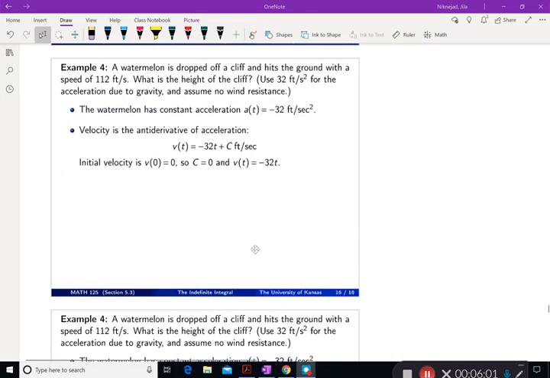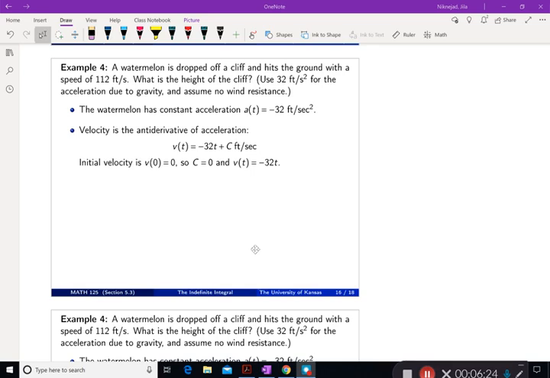Now, what is the question asking? It's asking what is the height of the cliff. How do I find the height of the cliff? I found the velocity function. The information that is given is the speed when the watermelon hits the ground.